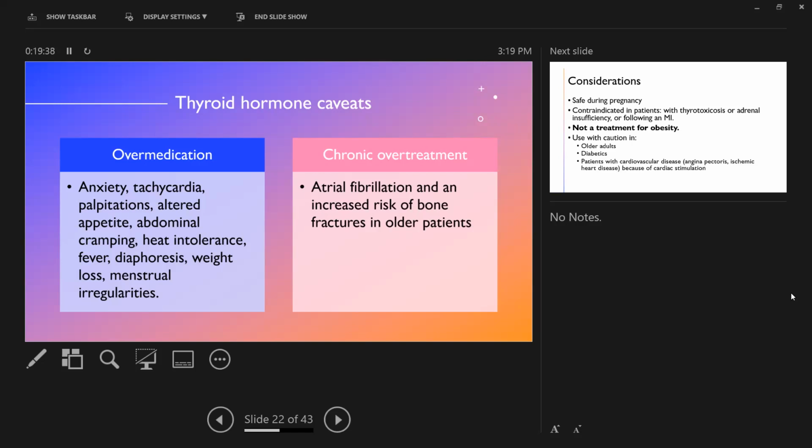Chronic overtreatment can cause atrial fibrillation and increase bone loss and a risk of osteoporosis and osteoporotic fractures in older patients.